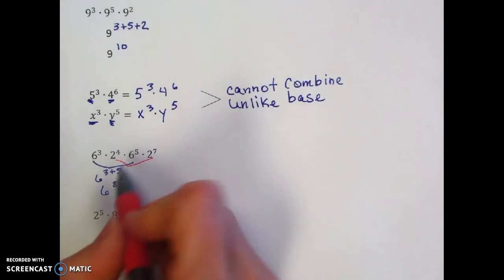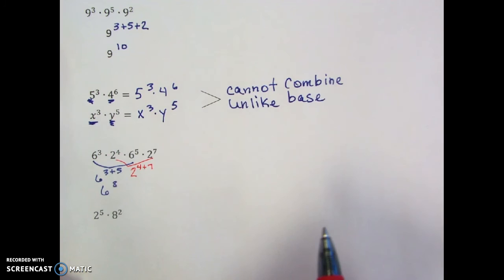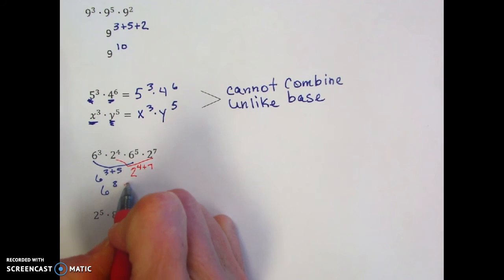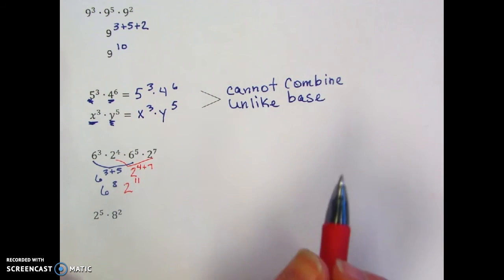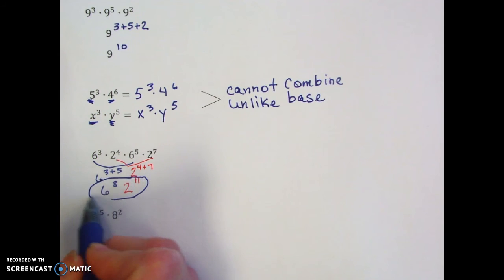And then 2 to the fourth and 2 to the seventh, 4 and 7 make 11. So we have 11 of those. We cannot combine this any further. The 6 and the 2 cannot be put together as 12 or any other such thing. So this is as simplified as it gets, and that would be our answer.